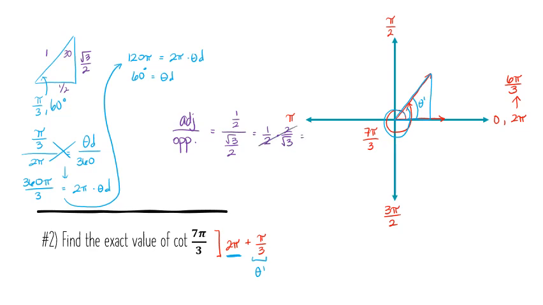Let's cross cancel our 2's and see that that's 1 over the square root of 3. Womp womp, still not done. I need to be multiplying by the square root of 3 over the square root of 3. I guess I'm writing things a little bit out of order, sorry. That is equal now to the square root of 3 over 3. Phew. Okay.